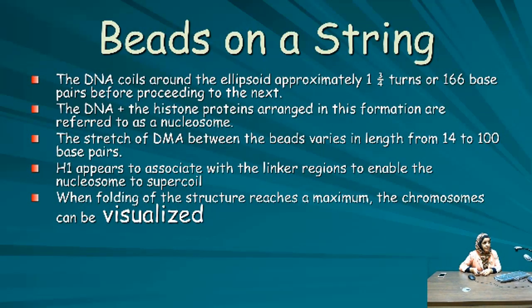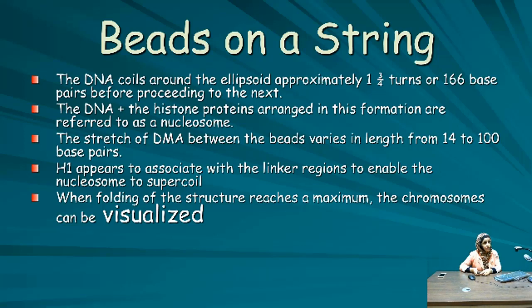The DNA coils around the histone core, approximately one and two-thirds turns, about 166 base pairs, before proceeding to the next. The DNA plus the histone proteins arranged in this formation are referred to as a nucleosome.